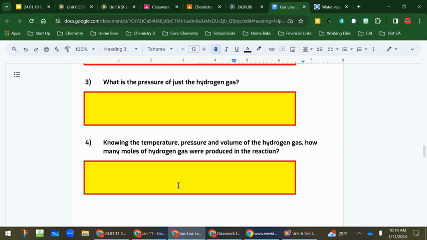I'll wait. What formula are we using in number 4?